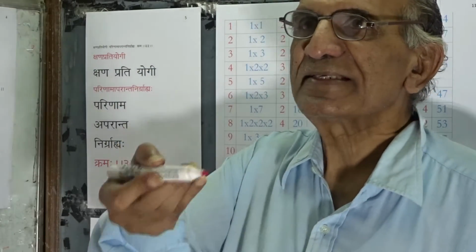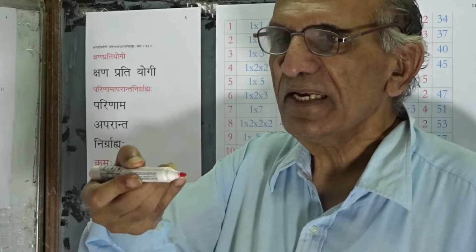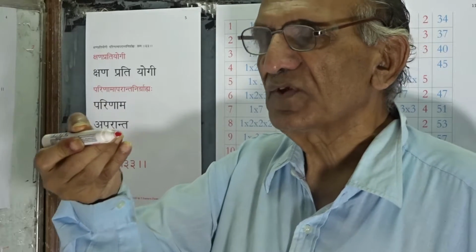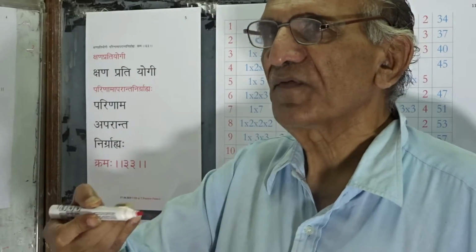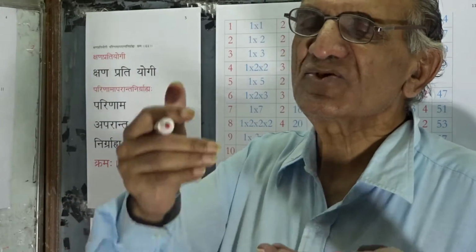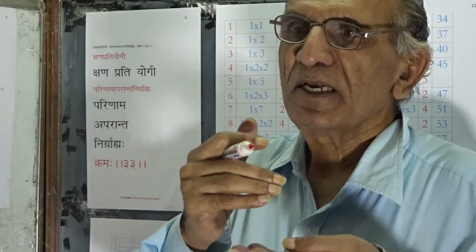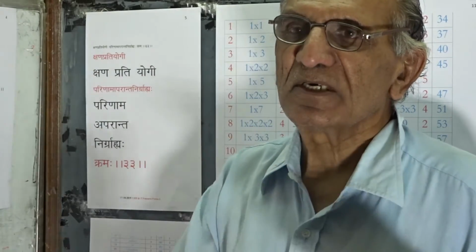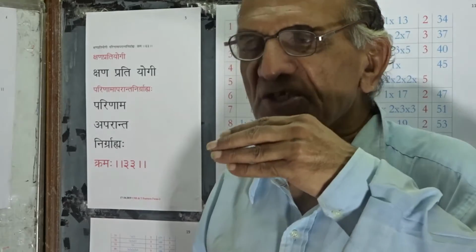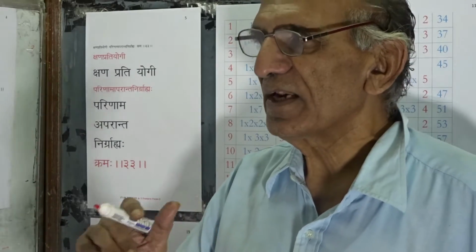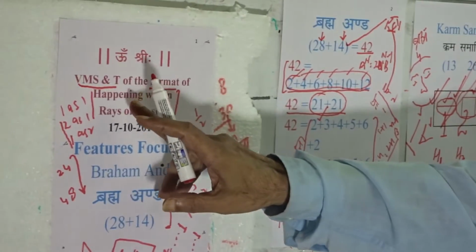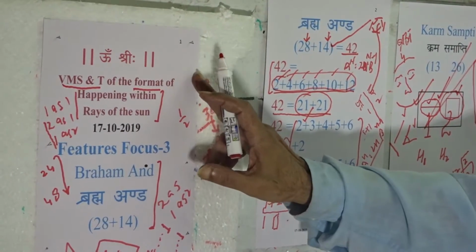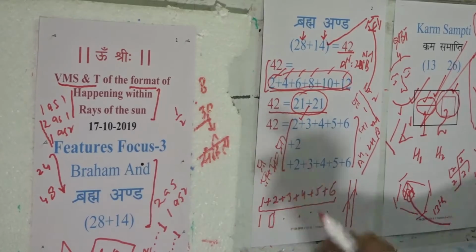We have to transit from linear order mathematics of 3 space to the spatial order mathematics of 4 space. It is with this transition, this attainment, this reach that we will reach the format of Vedic mathematics, science and technology parallel to the happenings within rays of the sun.